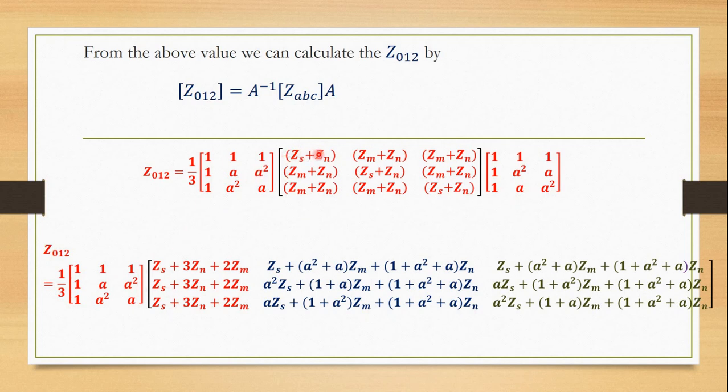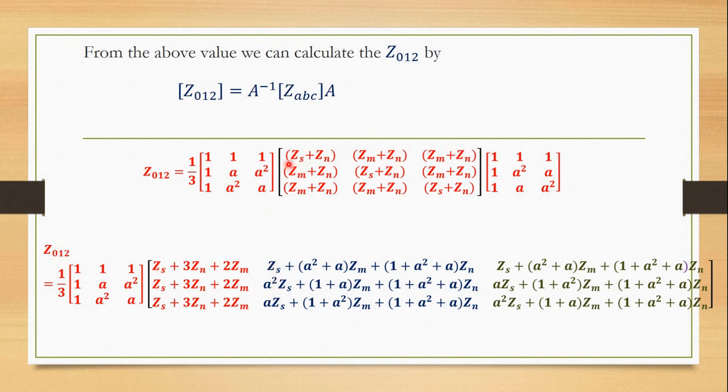So Zs plus Zn plus Zm plus Zn plus Zm plus Zn, that is equal to Zs plus 2 Zm plus 3 Zn.